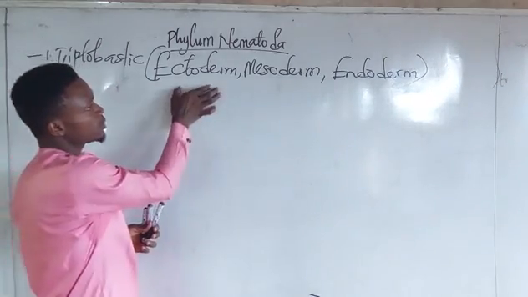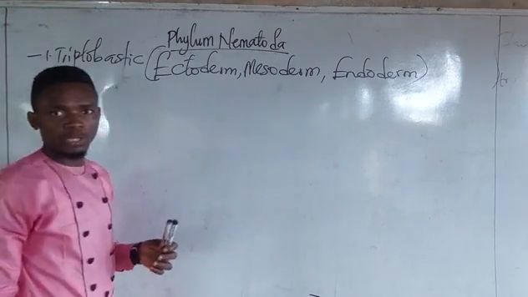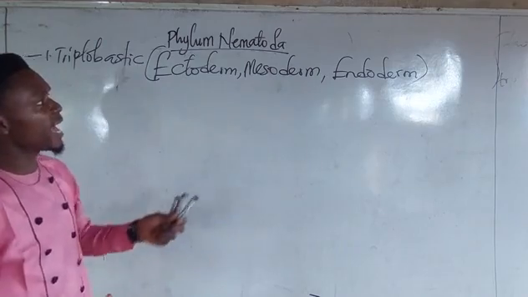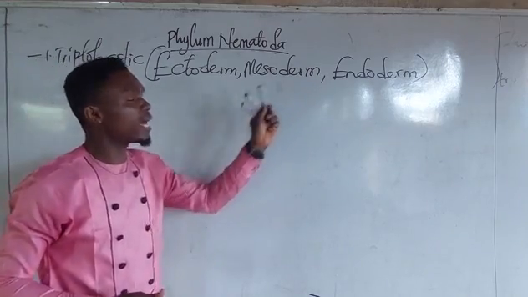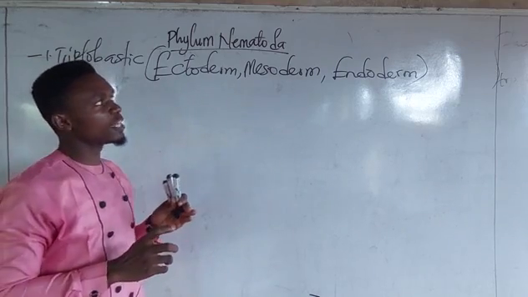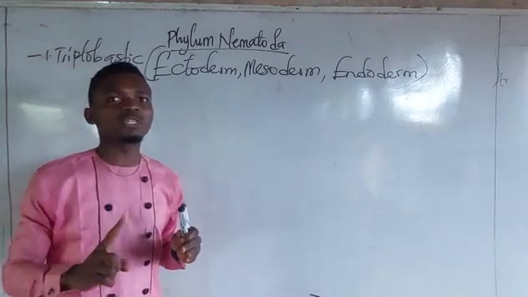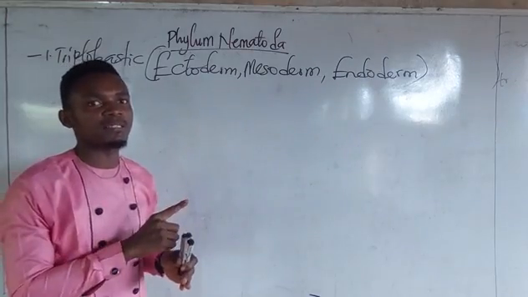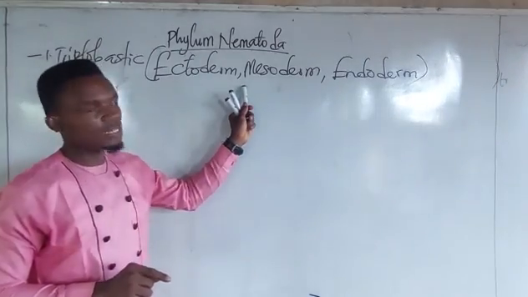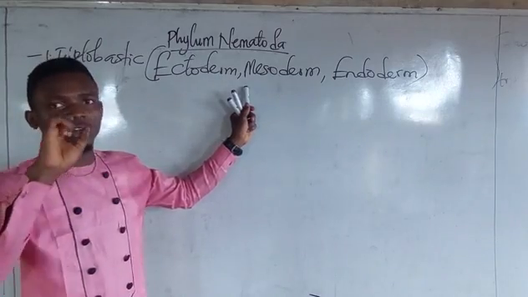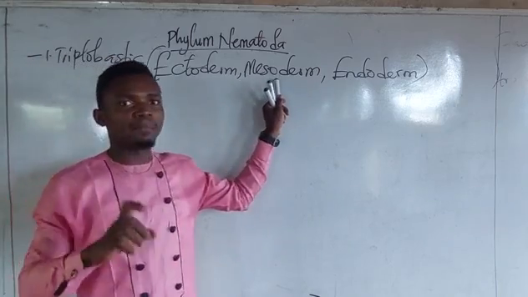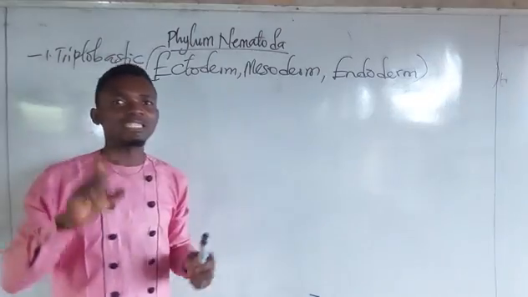They only have ectoderm and the endoderm. However, some members of the Cnidarians have mesodermal tissue. So, to be much more specific, number one that distinguishes the platyhelminths from the coelenterates is that the platyhelminths are triploblastic, while the coelenterates are diploblastic. Take note of that. It is very, very important.